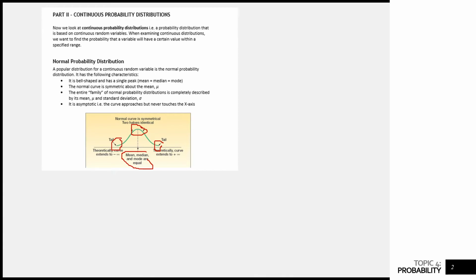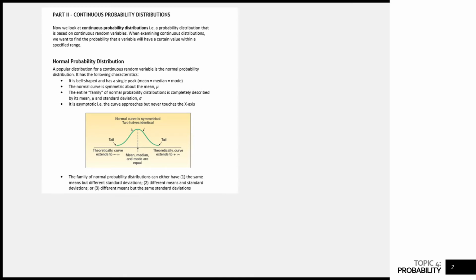I also mentioned to you that there is a family of normal distributions whereby you may have cases where the normal distributions have the same mean or average but different standard deviation. So this is how they look. Remember, standard deviation talks about dispersion. The smaller standard deviation you have, the smaller the dispersion. Smaller dispersion means both from left and right, it's basically pushing all of your data into the center.